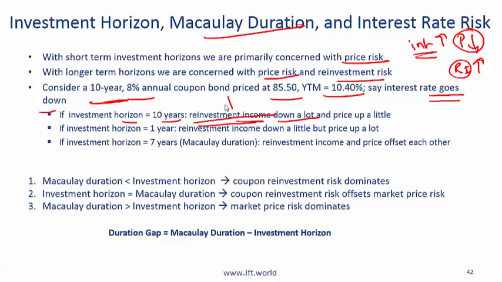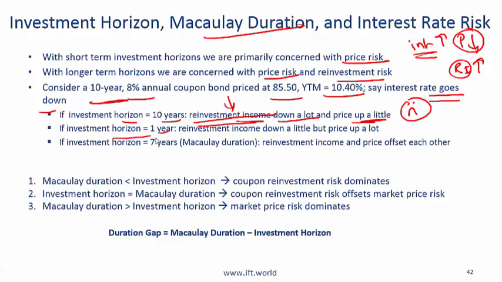So reinvestment income goes down a lot, but price will go up, but not as much. Overall, you are not happy, because the reinvestment income went down more than the amount by which the price went up.